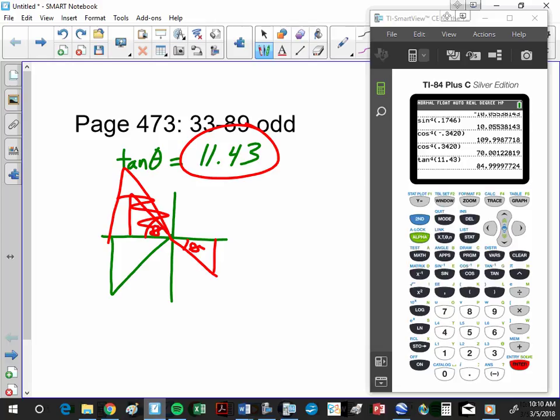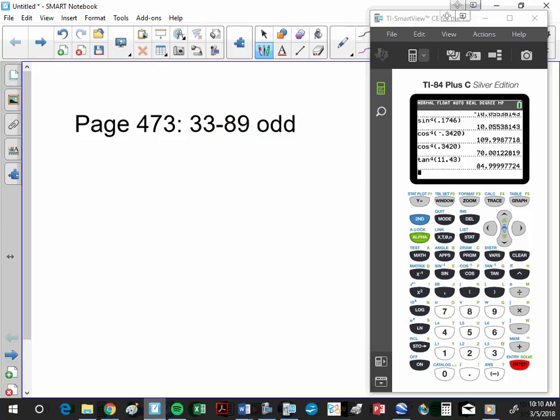Oh, sorry. It should be 37. You're starting on 37. Let's do a secant problem. Let's do 88. I didn't realize they snuck it in on the last page.